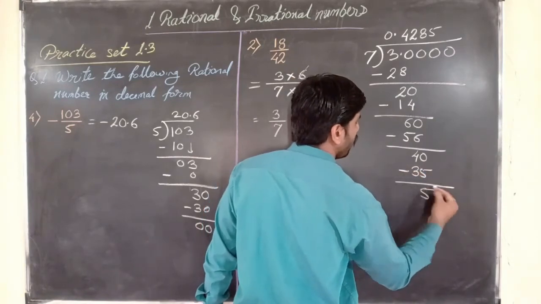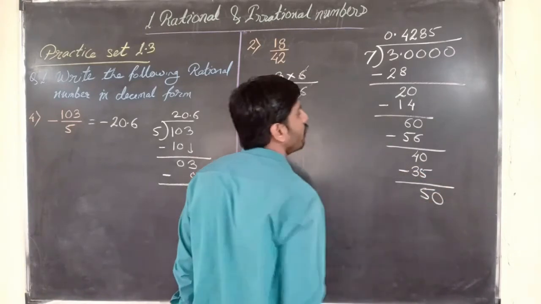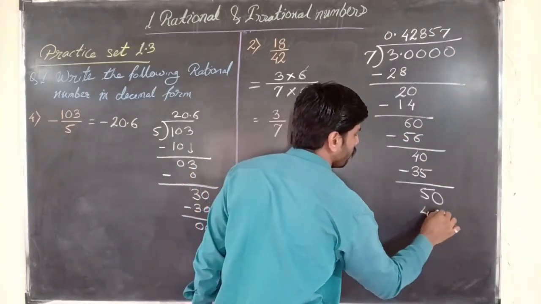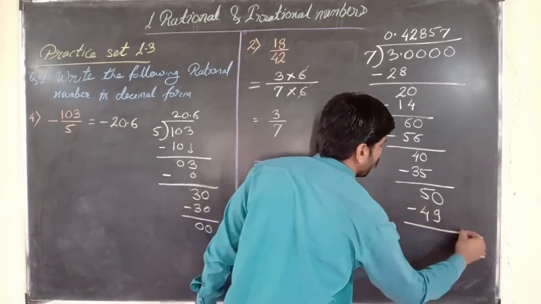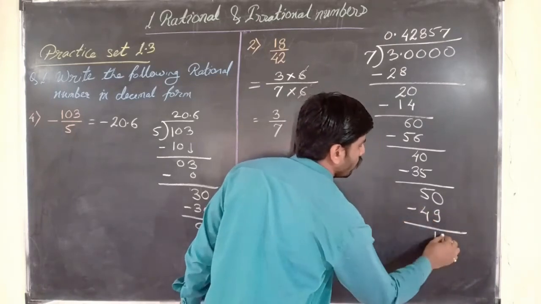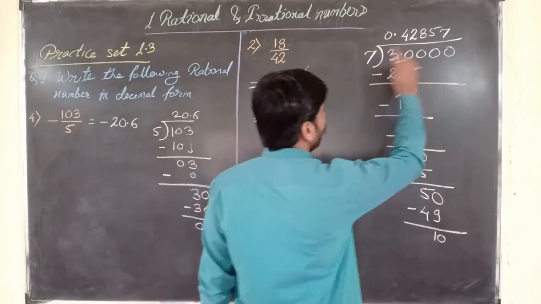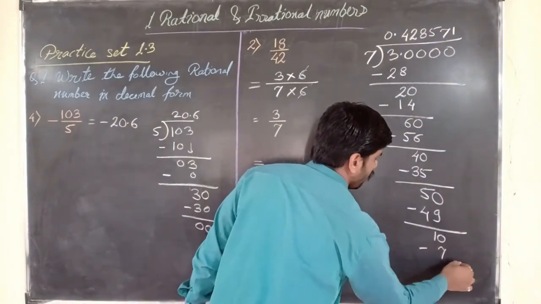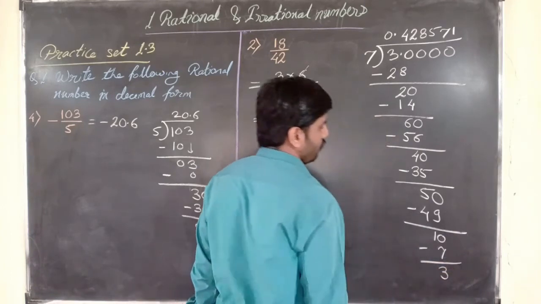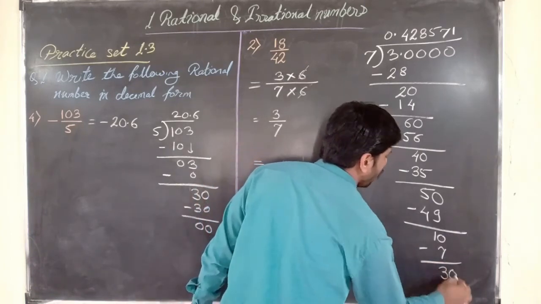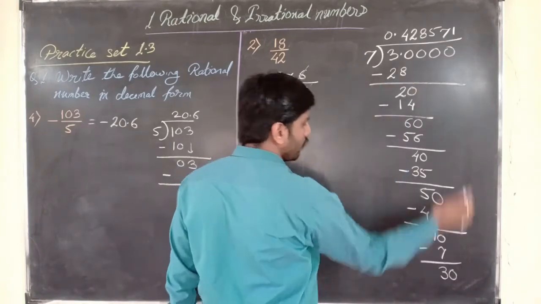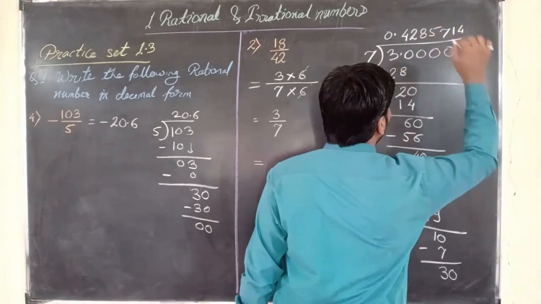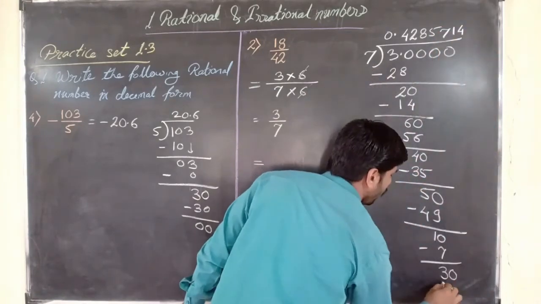Remainder is 5. So this will become 50. 7 sevens are 49. Remainder is 1. So this will become 10. 7 ones are 7. The remainder is 3. This will become 30. Again we have got the same value. So we divide it as 7 fours are 28.